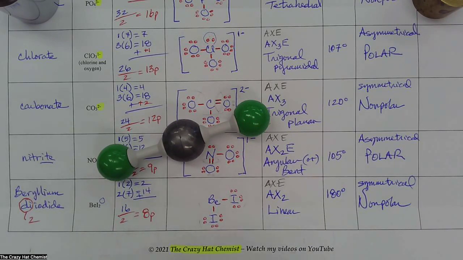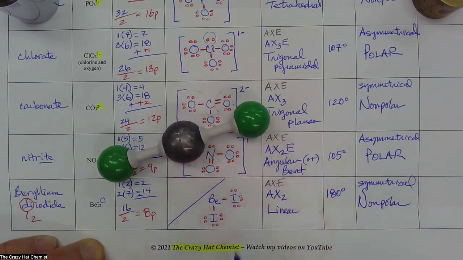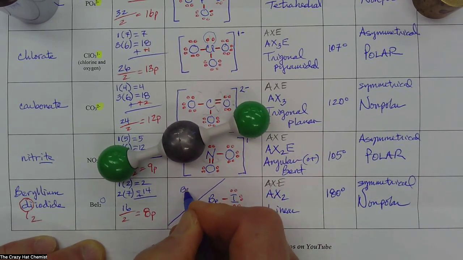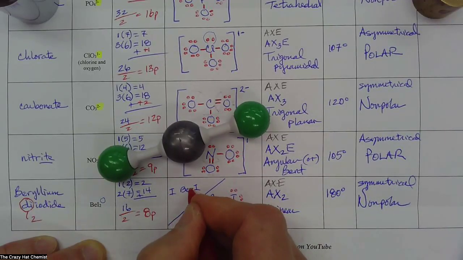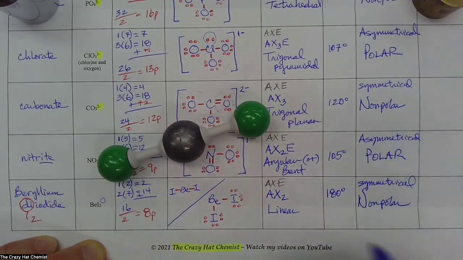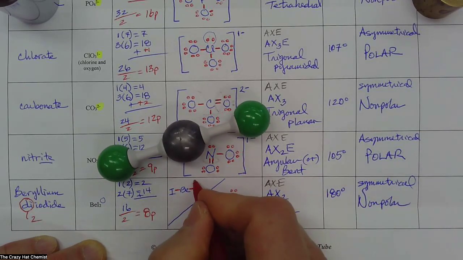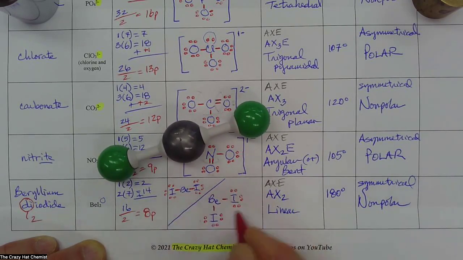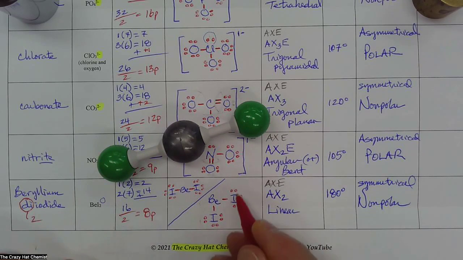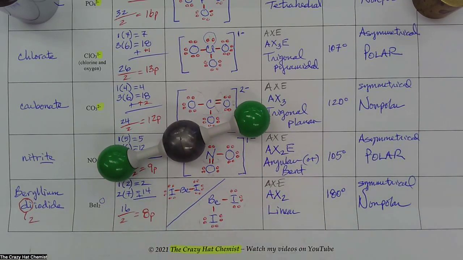And as you're drawing the Lewis dot structure, then you can draw it in the correct orientation. So another correct way to draw this would be actually the beryllium, the iodine, and then we have this same number of lone pairs of electrons, and now this is in that linear fashion. Notice that neither one of these structures had the brackets and the charge because this does not have the charge to it.